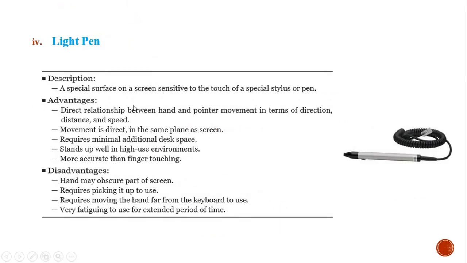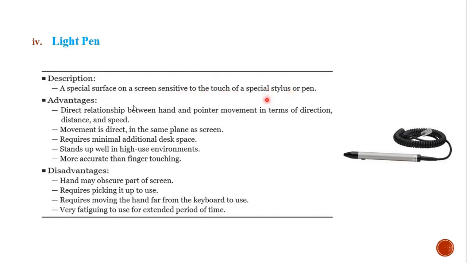Light pen. So you can see how a light pen looks. In previous days, these light pens were used to interact with the system directly with the CRT monitor. But nowadays you can interact with tablets using these kinds of light pens. You have a description here: a special surface on the screen sensitive to touch.